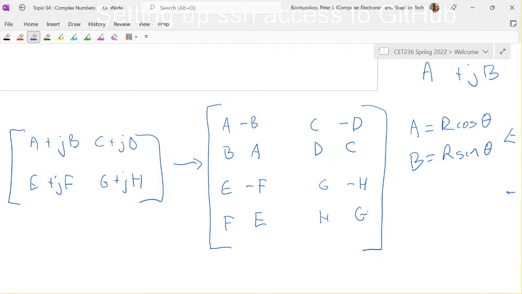And now you can plug that matrix into your calculator, and you can do RREF or matrix inverses or whatever takes your fancy with it.